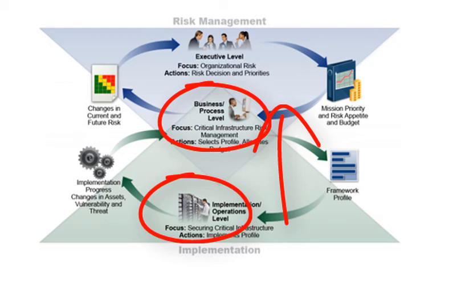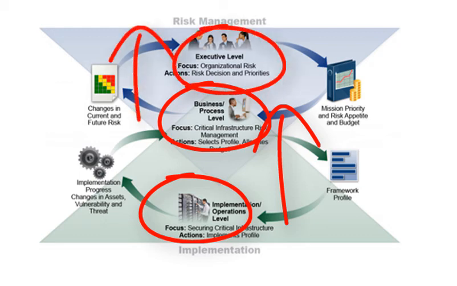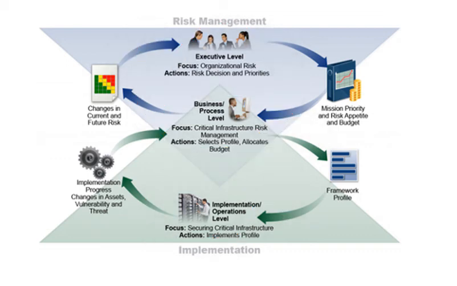But then above that, to the executive level, is really the cultural shift that you're seeing in the industry and that the NIST framework is trying to promote: cybersecurity is a C-suite, CEO-level, executive-level issue. The idea is that cybersecurity ought to be elevated all the way up to the top of the company. It's not something that just gets hived off into the computer operational level, even though that's the most fundamental level, where the day-to-day work happens.